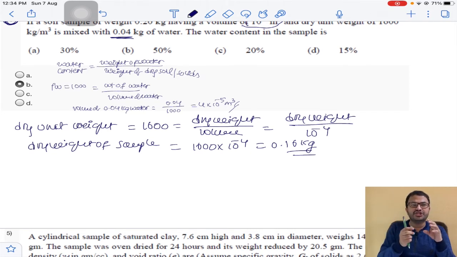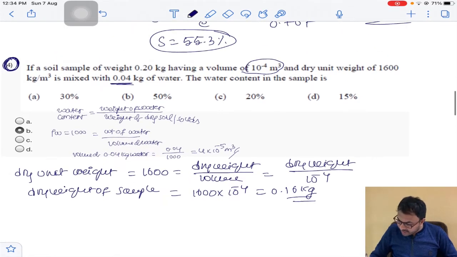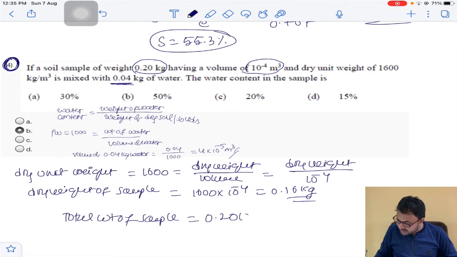Weight of water is 0.04 kg added extra amount of water. Already some of the water is there. So total weight of the sample is 0.20 kg.